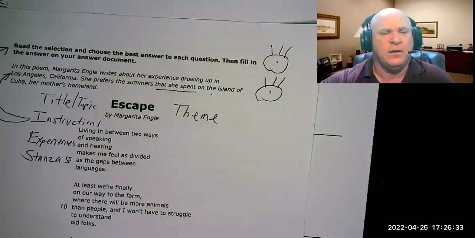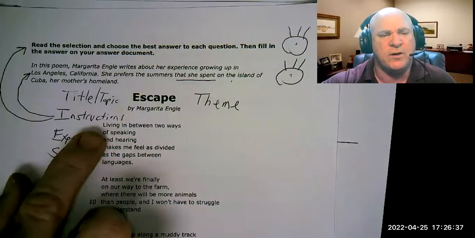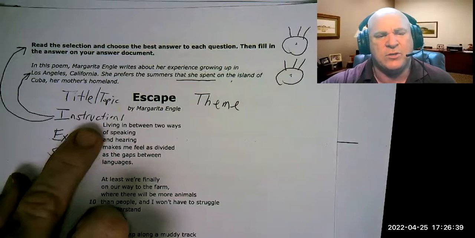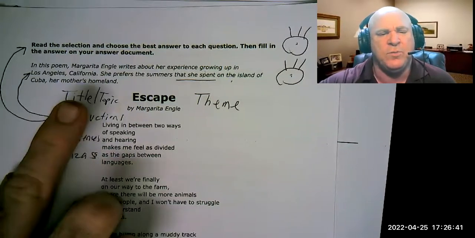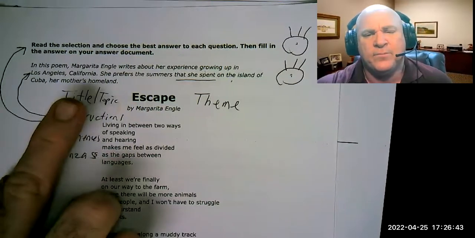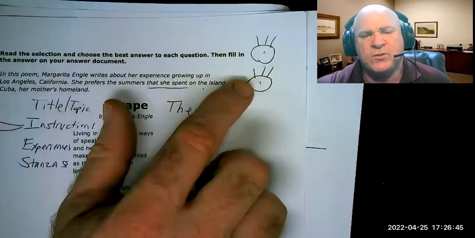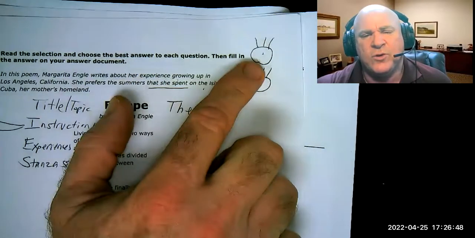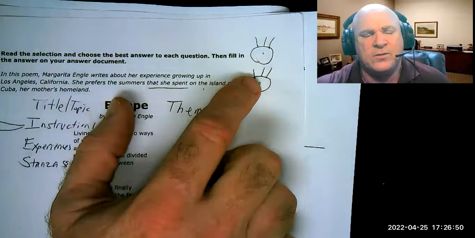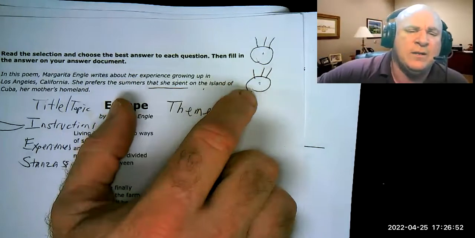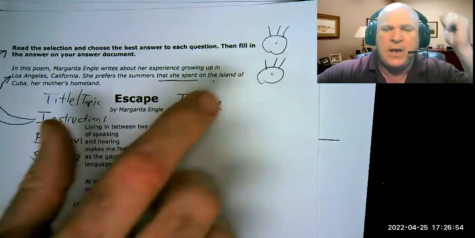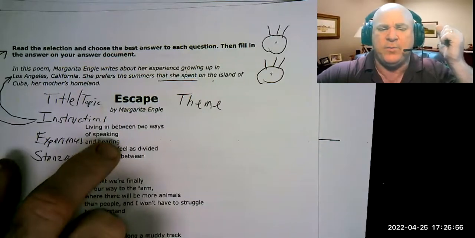And as I mentioned, there's also some directions first and instructions, which just happen to start with the letter I, so I drew two little eyeballs. So your students will read the title, "Escape."